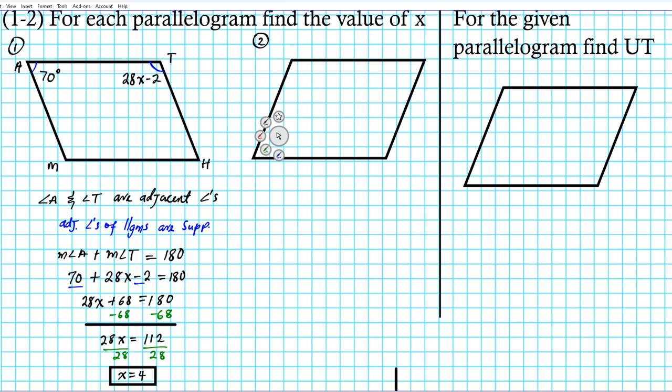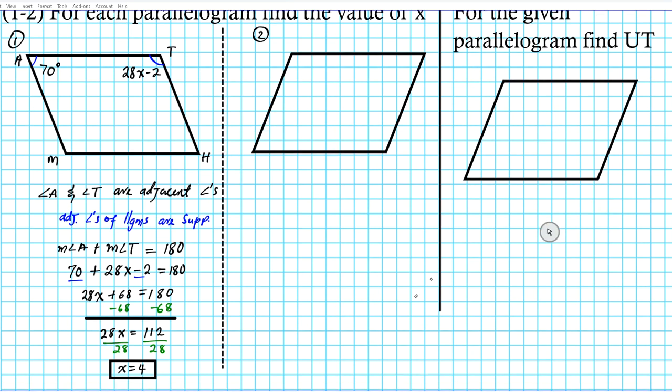All right, let's move on to question number 2. Let's say we have the given parallelogram ABCD. Angle B is 126 degrees, and angle D is the quantity 2 plus 31x.